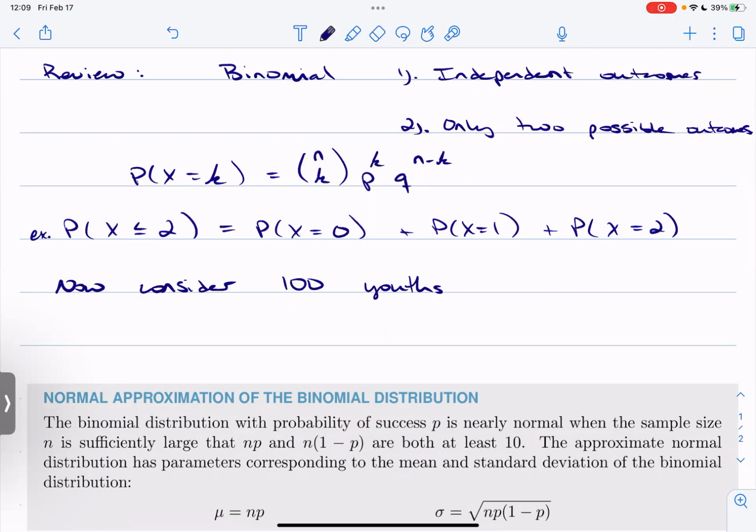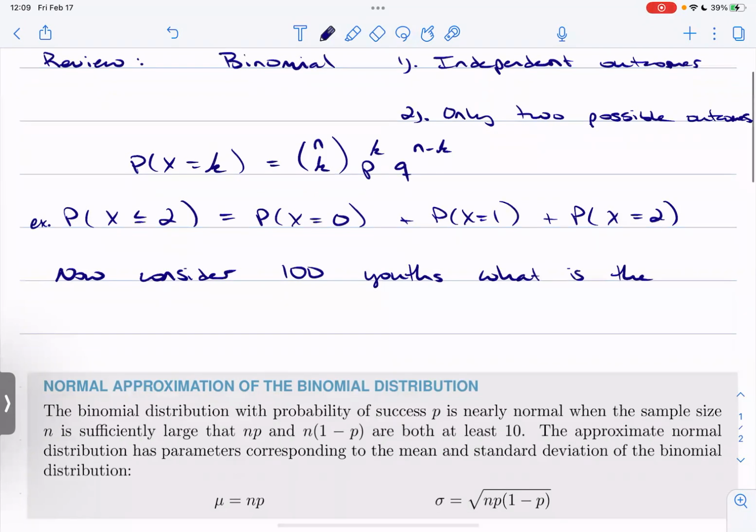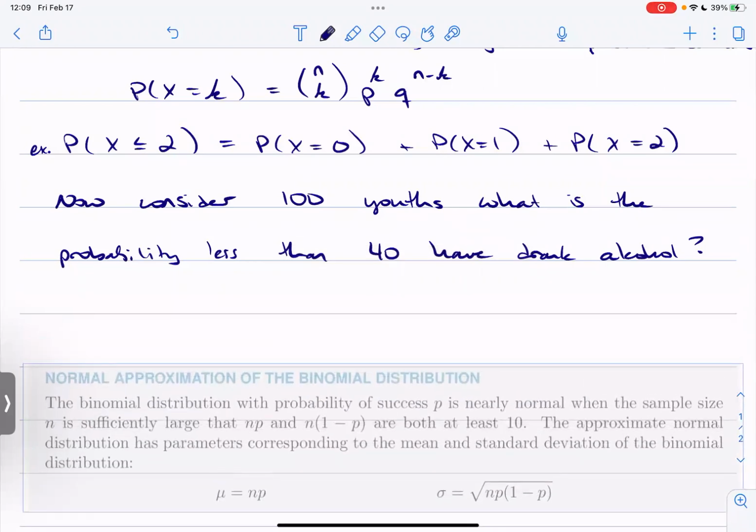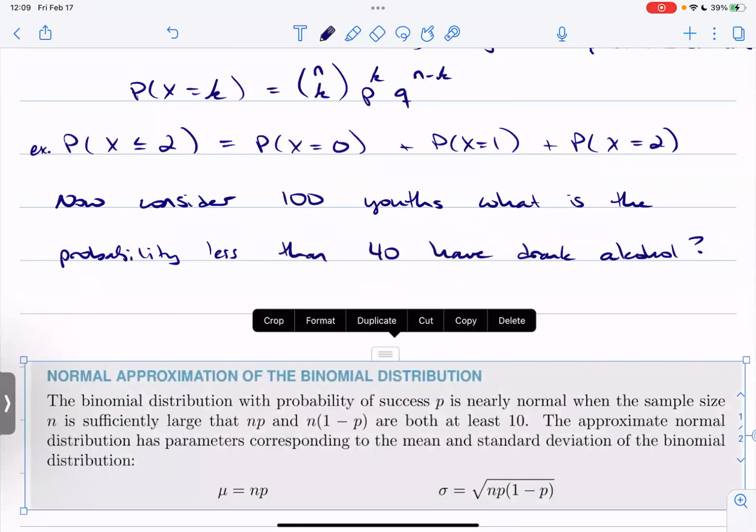Uh-oh. Same scenario. We know how to do it, but hopefully you don't want to do it, because what are you looking at?